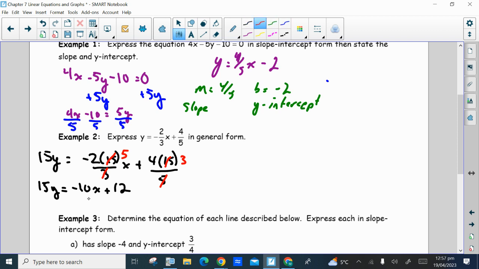So because of that, I'm going to add 10x to both sides as well as subtract 12. So over on the left side, we'll have positive 10x, we'll have positive 15y, and then minus 12. So there's our equation in general form.